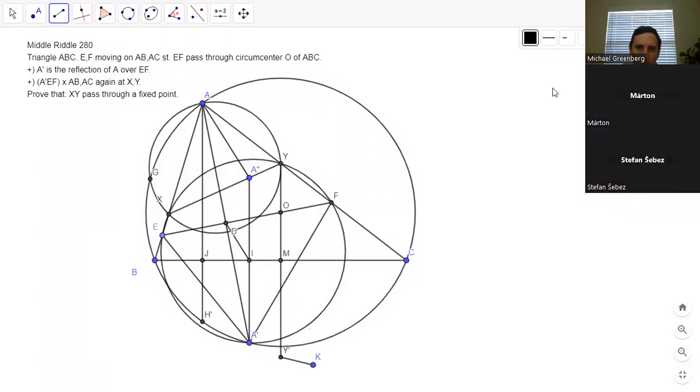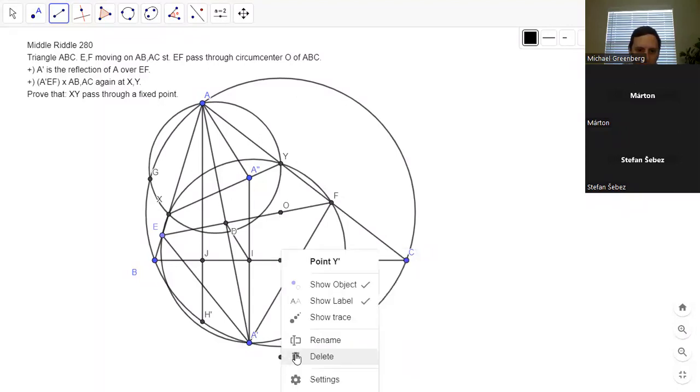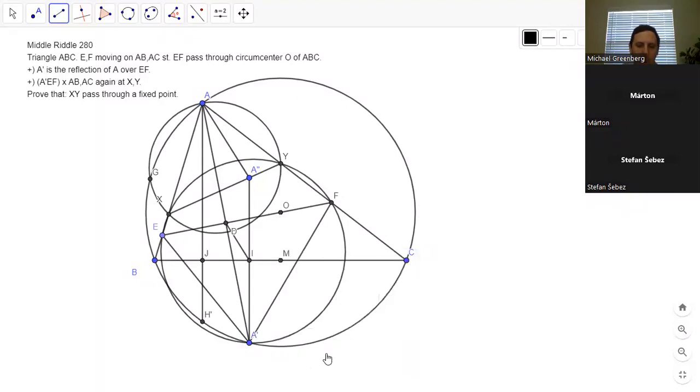Oops, sorry. So yeah, and I could probably get rid of this too. So we just want to show the reflection of A over BC lies on XY.